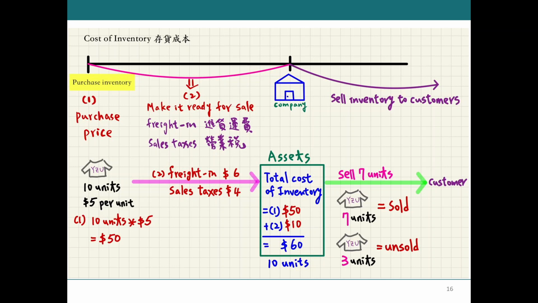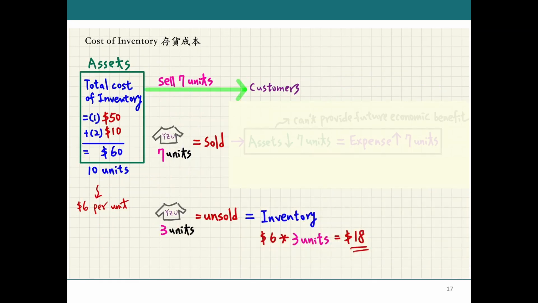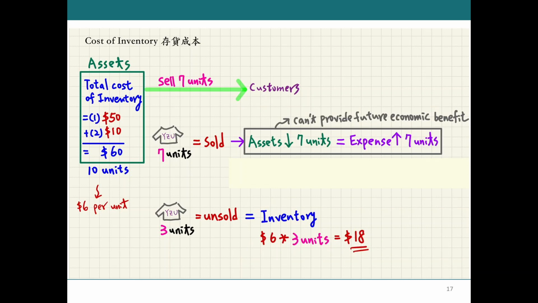Okay. So after we sold these 7 units to customers, the units we sold are not our inventories anymore, right? Because we give them to customers. Since the inventory is not yours, they cannot provide you future economic benefit.